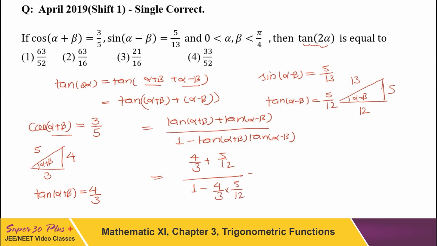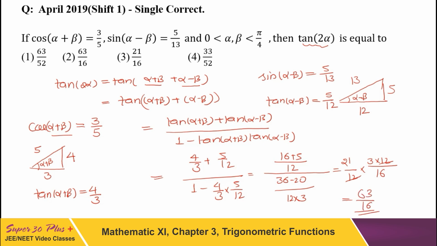Now simplify it. 16 plus 5 whole upon 12, with 36 as the LCM, minus 20. Now simplify it. It is 21 upon 12 into 3 into 12 upon 16. It cancels out, and this is 63 upon 16.